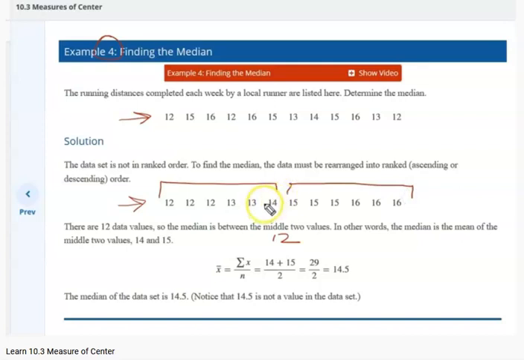You will take the two in the middle here, the 14 and the 15, add them together, get 29, then divide by 2, so your median then is 14.5 when it's even. Some nice, simple examples showing the protocol. You want to have this in your notes.